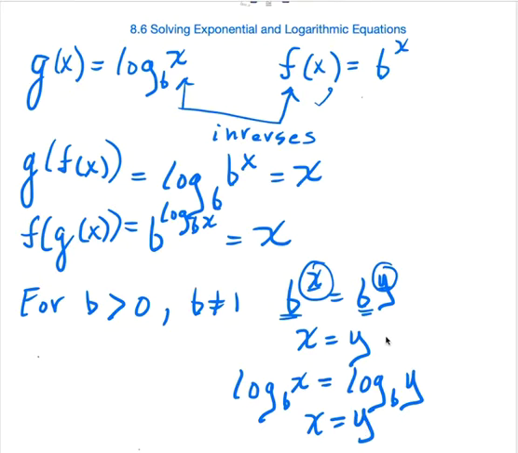So put this at the top of your notes when you're solving these equations, because this is where all this is going to come into play, as well as the properties that you just learned in section 8.5. So you've got your whole toolbox together, and the whole purpose of this is so that you can solve these logarithmic equations.